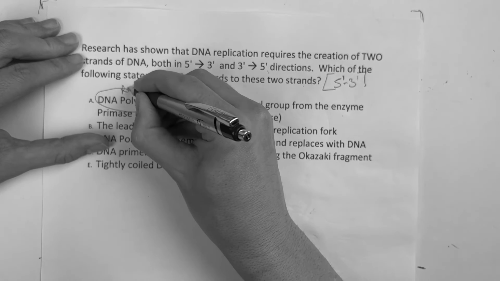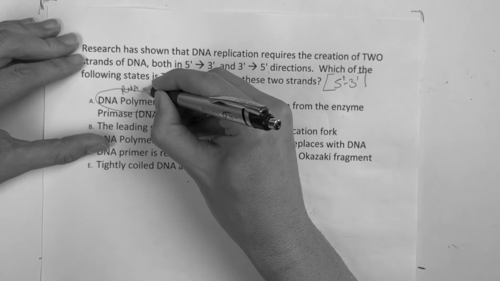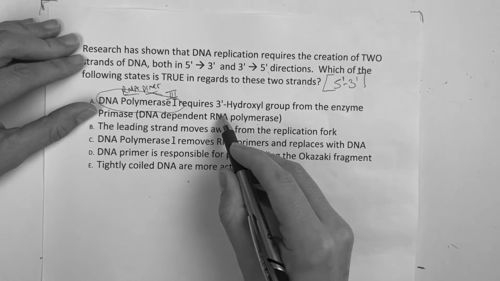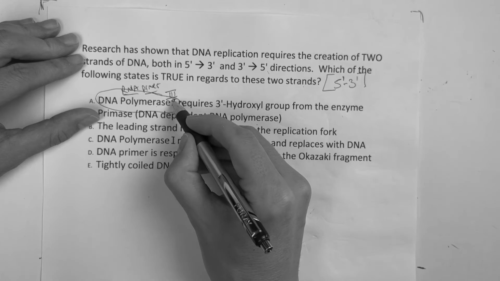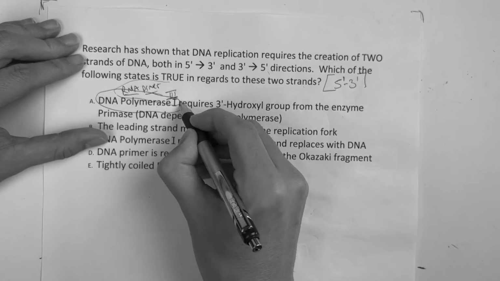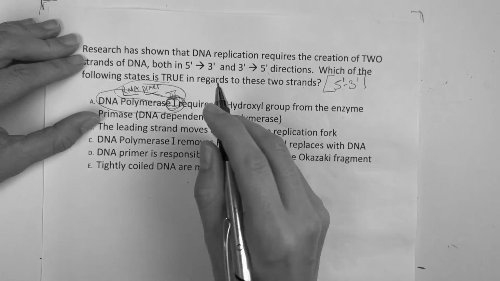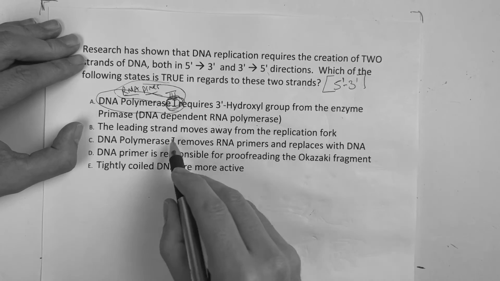I guess it should be interchangeable too. The RNA primer requires the 3-hydroxyl group. And I could say the DNA polymerase, and to me, they're kind of one and the same for the most part. But what we do know is it's not DNA polymerase 1, okay? It's just not DNA polymerase 1.